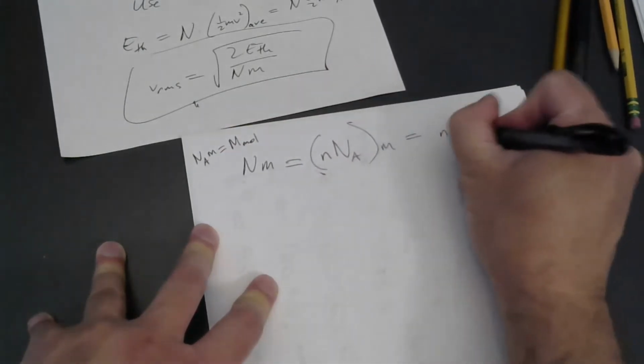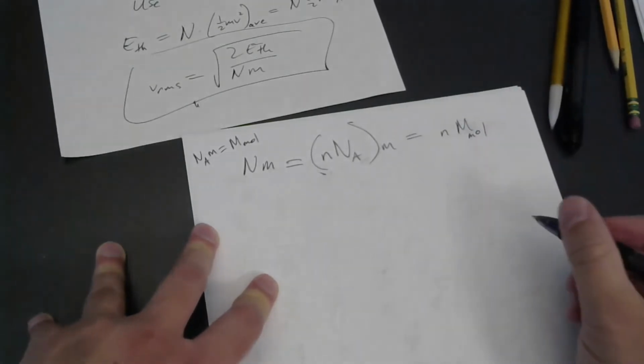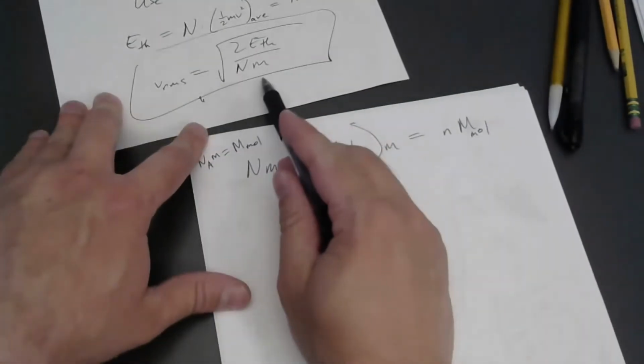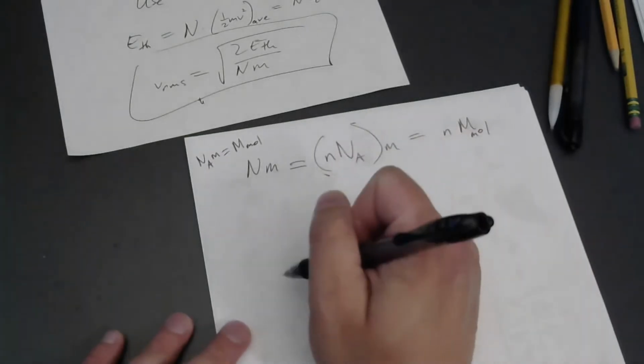So this is really just N times the mass per mole. Great, so now I can plug that in here and not have to mess with the actual mass of a nucleon in kilograms, you know, the 1.66 times 10 to the negative 27. We don't actually need to deal with that because I've circumvented it here.